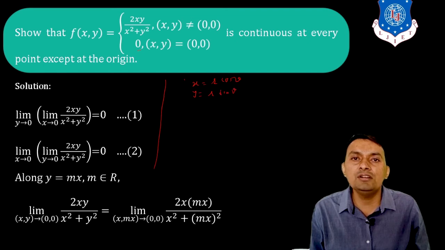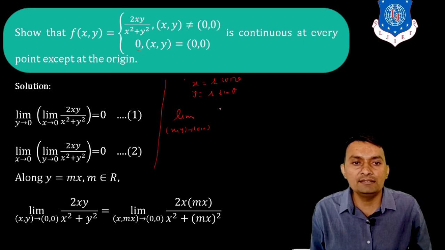In that case, our limit as (x,y) tends to (0,0) of f(x,y), which is given as 2xy divided by x square plus y square, becomes 2 times r cos theta into r sin theta, divided by r square cos square theta plus r square sin square theta. When I take r square common, we get cos square theta plus sin square theta, which is exactly one. r square will be eliminated.